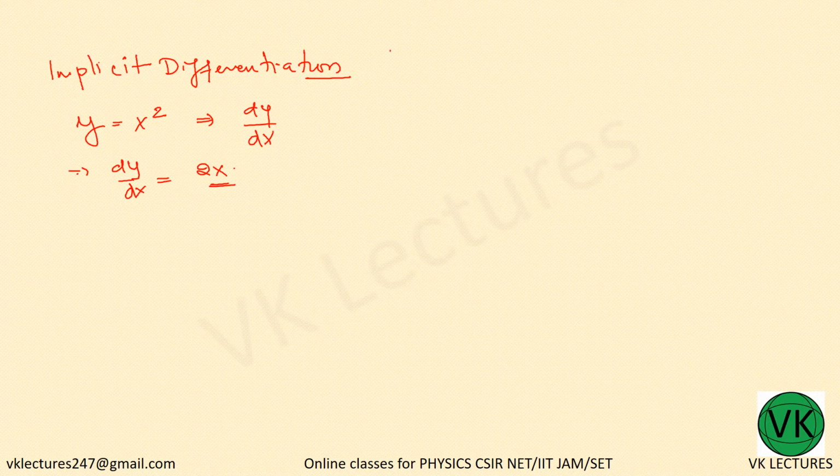Now suppose I have something like this, x square plus 2xy plus y square equal to 0, or equal to y cube. So from this equation, how do you find dy by dx?